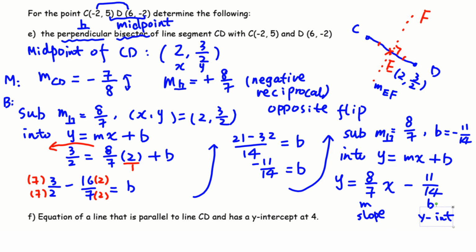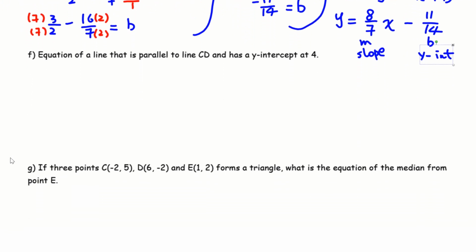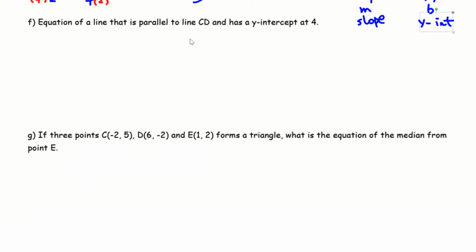So the next question is: find the equation of a line that is parallel to line CD and has a y-intercept at 4.